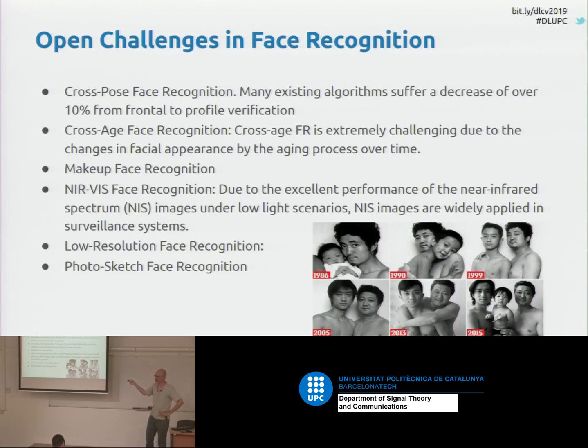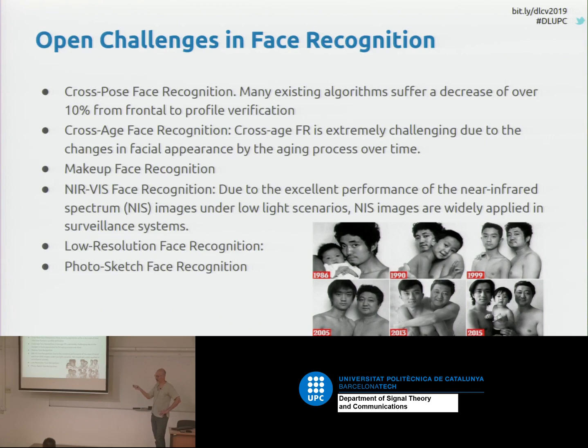There are also factors like makeup, scarves, and other things that you can wear that are a challenge for face recognition. Another problem is illumination. If there is really poor illumination, RGB cameras have poor performance, so using near infrared is sometimes an option, but then you have to train the systems for near infrared cameras.